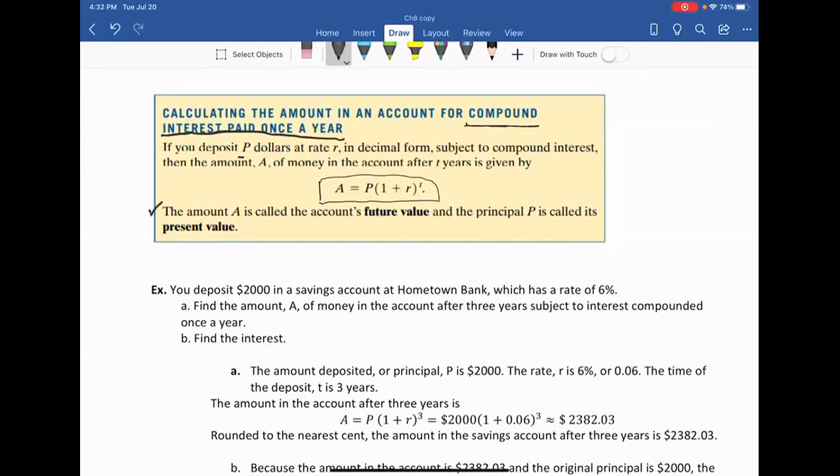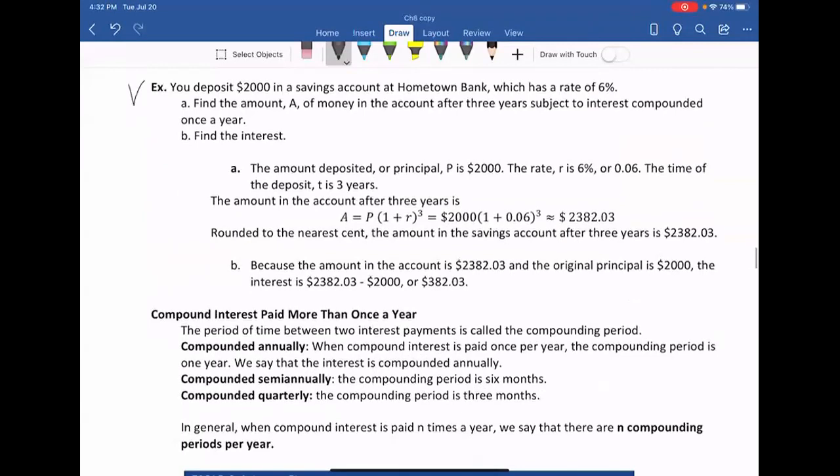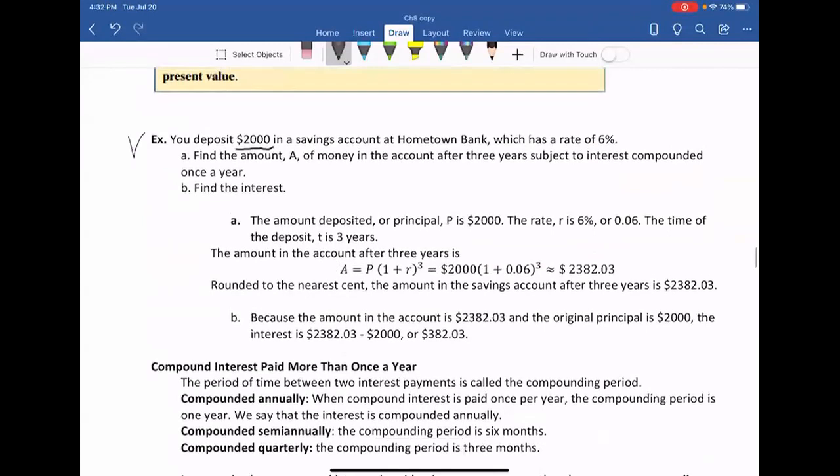Let's continue to read. The amount A is called the account's future value, and the principal P is called its present value. Let's see the example. You deposit $2,000 in a savings account at Hometown Bank, which has a rate of 6%. So the P is 2,000. The R is 6%. That's 0.06.